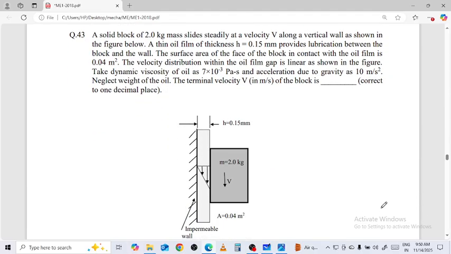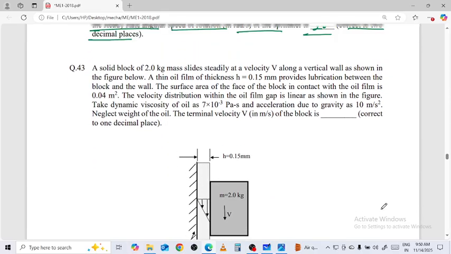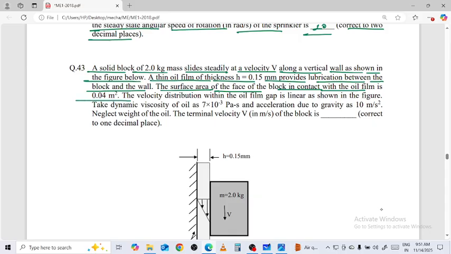Next, 43rd number. A solid block of 2 kg mass slides steadily at a velocity v along a vertical wall as shown in the figure below. A thin oil film of thickness h 0.15 mm provides the lubrication between the block and the wall. Surface area of the face of the block in contact with the oil film is 0.04 meter square.